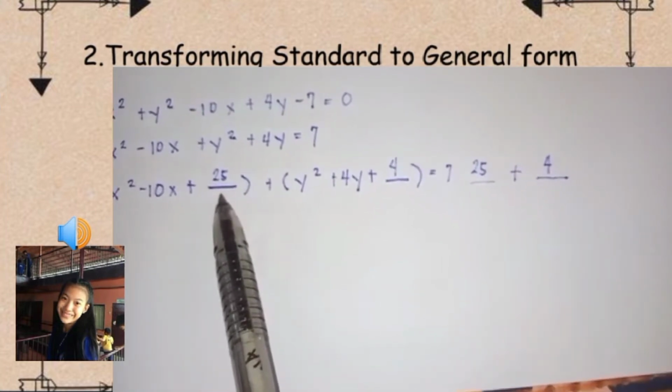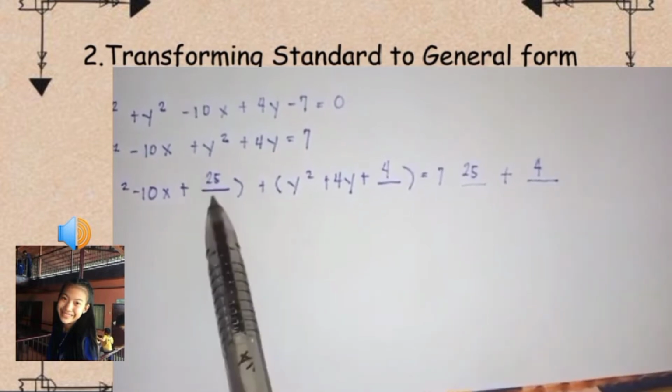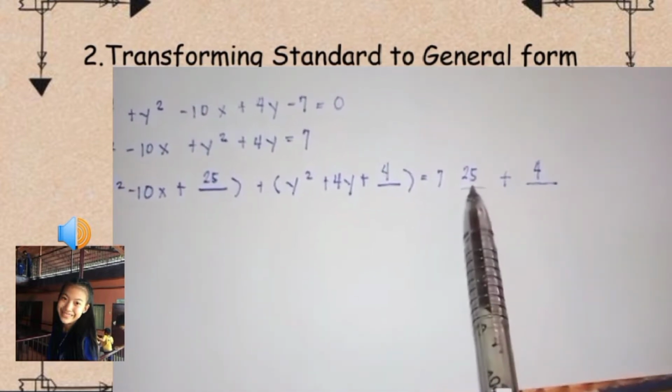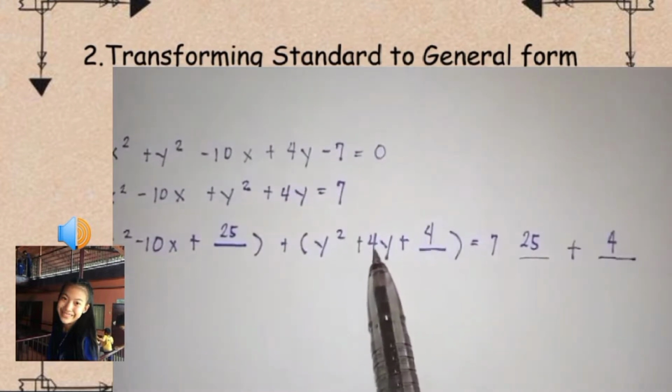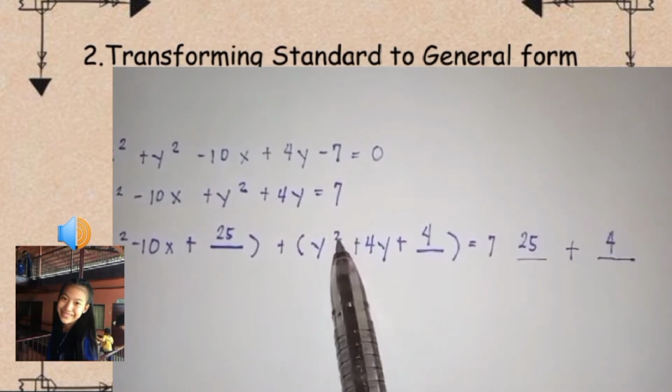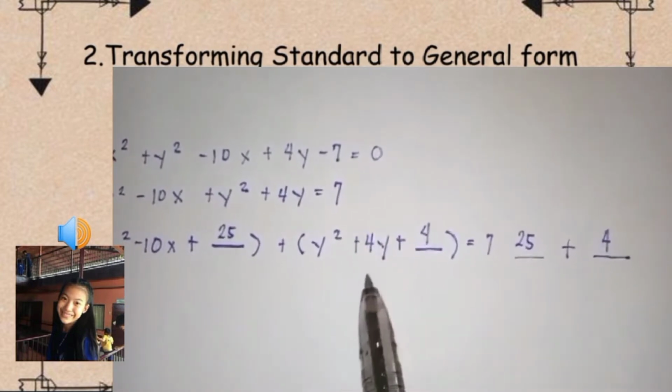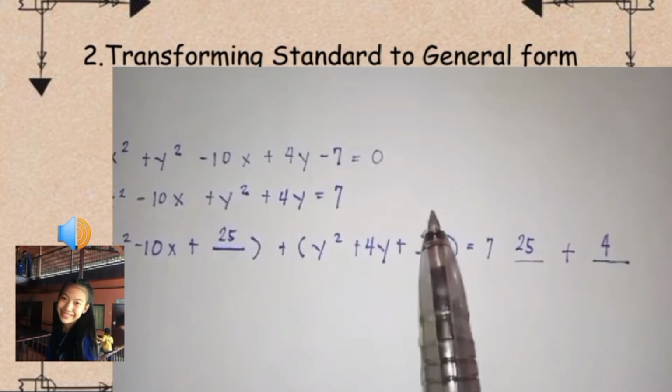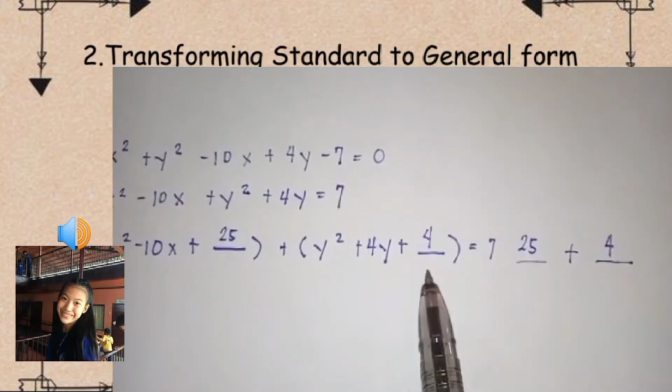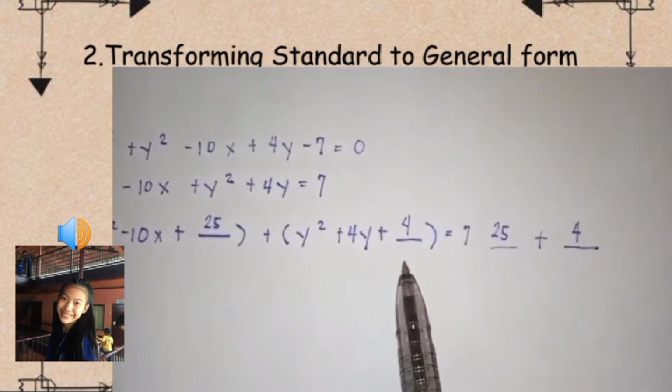So we need to add 25 here and also here. Next, 4 divided by 2 is 2, so 2 squared is 4. So we add 4 on the left side, and add 4 on the right side of the equation.